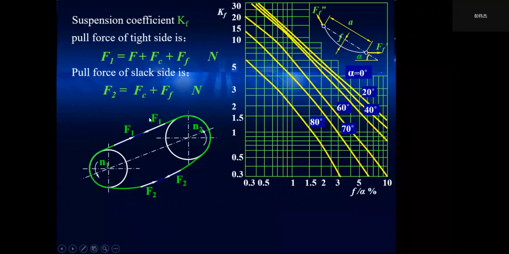F1 is Fe plus Fc plus Ff, and F2 is Fc plus Ff. So the tension force between the tight side and the slack side is different.